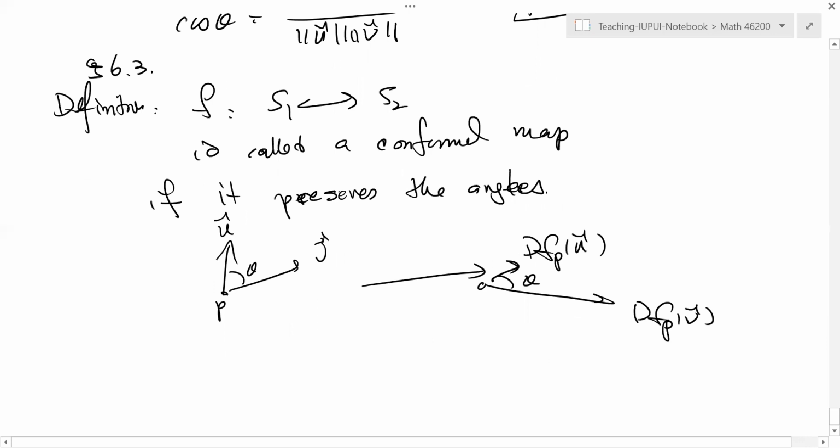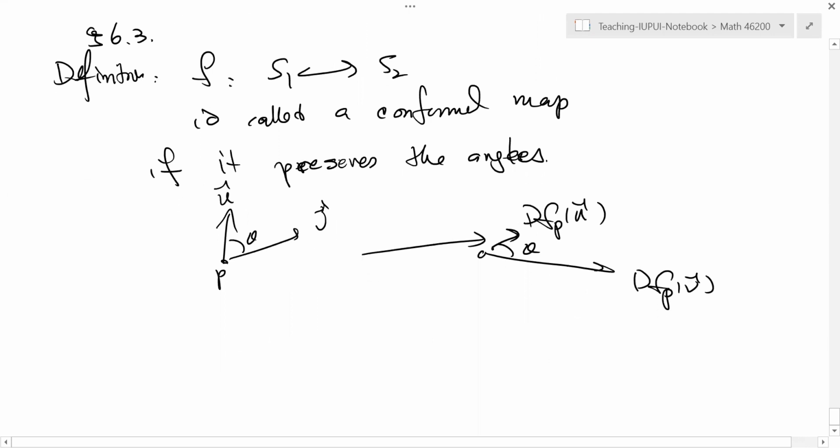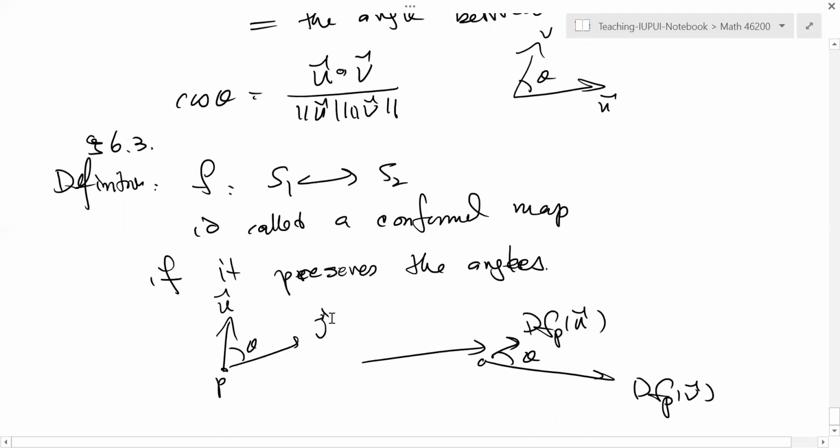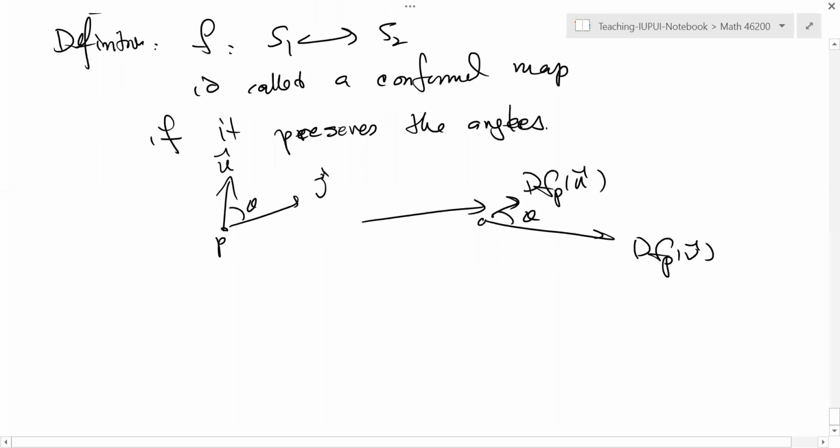So that's why we have to loosen a condition. We do not assume it preserves the length of the tangent vector. The vector can be shorter or longer. I just want to preserve the angle. This is called a conformal map.